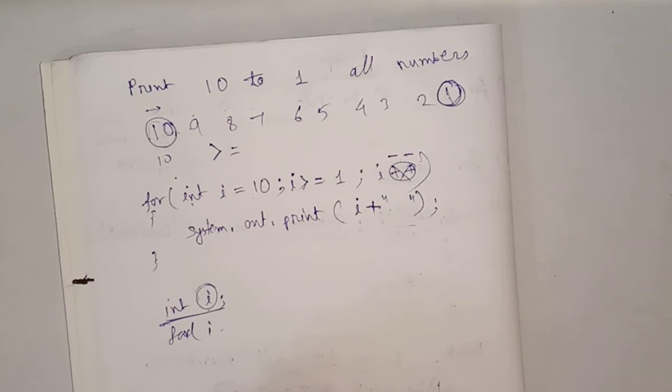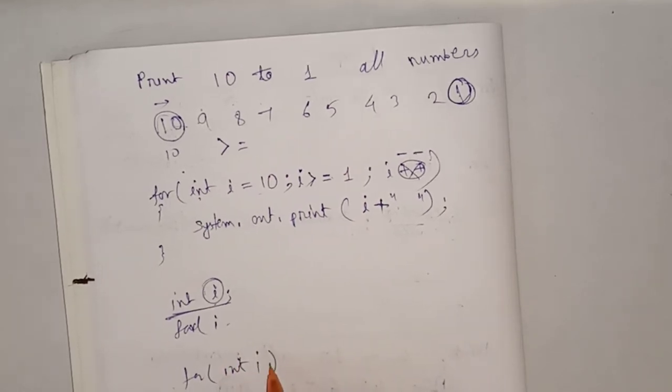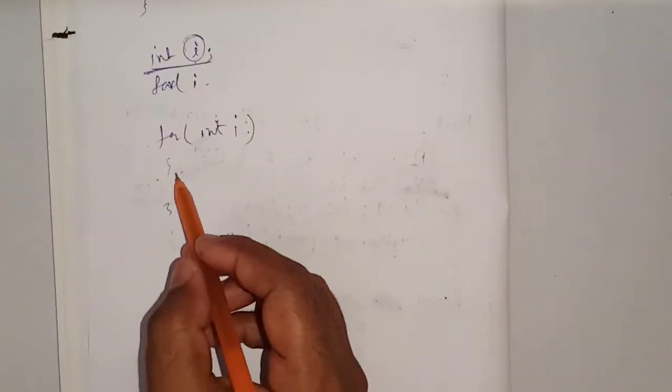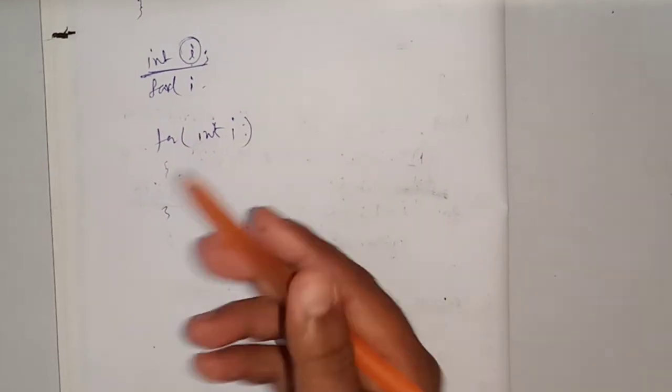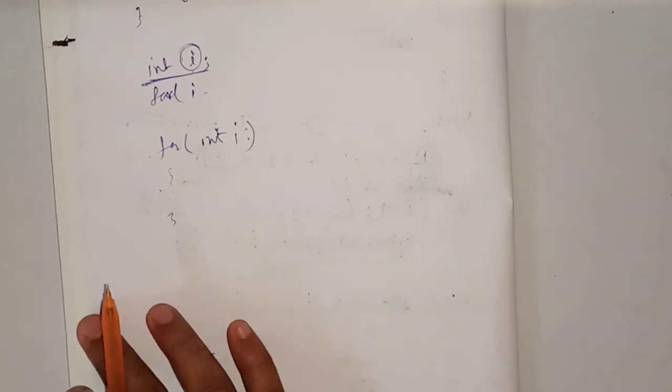Okay, if I'm writing for int I inside the for loop, that means after the working of this entire for loop, the I will be erased. You cannot use it. Again you write int I, then you can use it. Okay, like a global variable and a local variable.